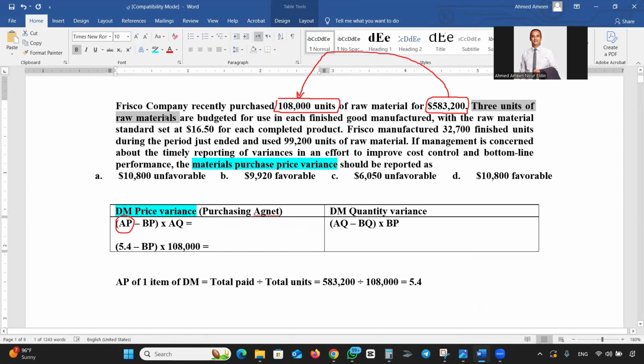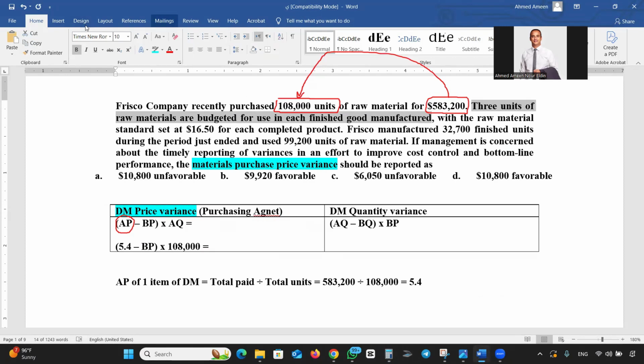3 units of raw material are budgeted for use in each finished good manufactured. This sentence is very important. Why? You have to understand that this is our factory, and here are our inputs and here are our outputs.